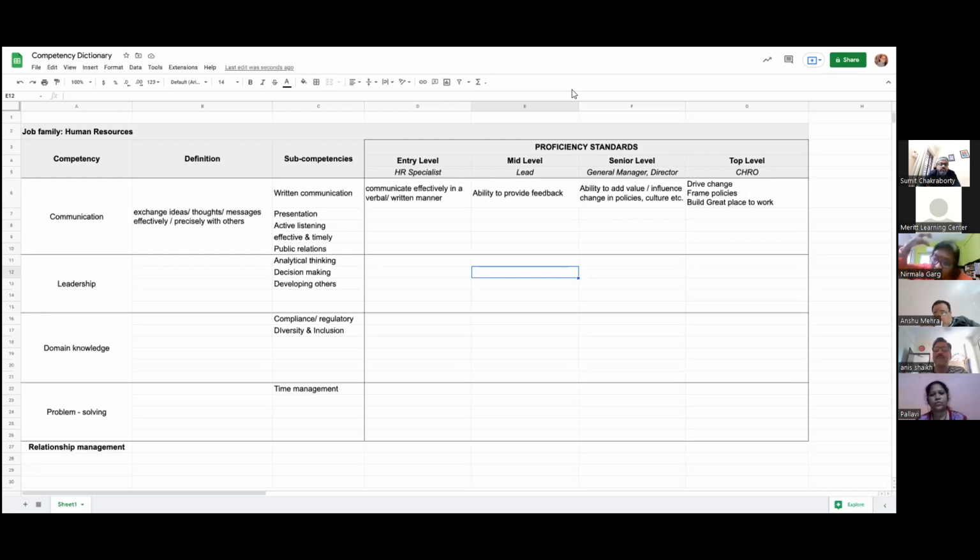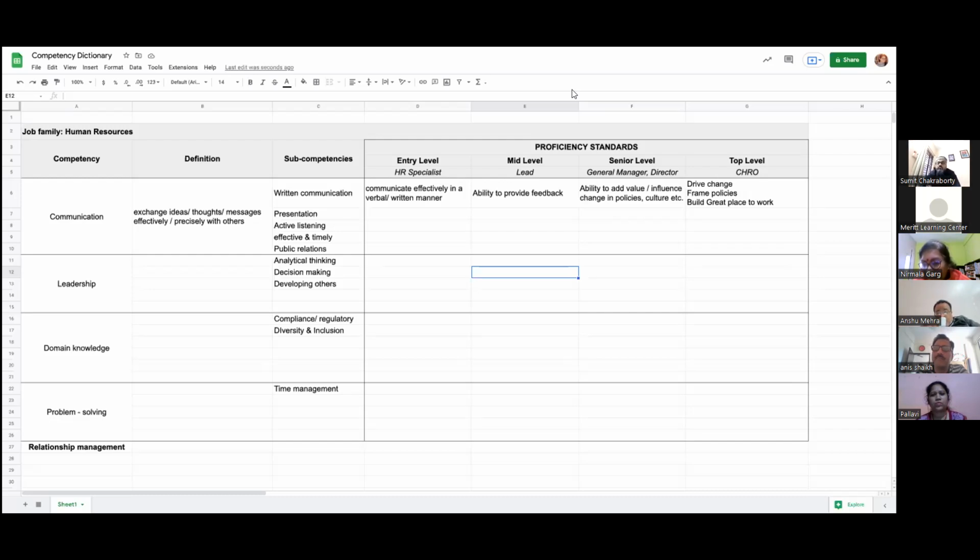So think where that gap is, like both of you are already there. The behaviors related to the highest level, fill that top level first. Then go to the last, that is entry level. What will an HR specialist be required to do at that level?